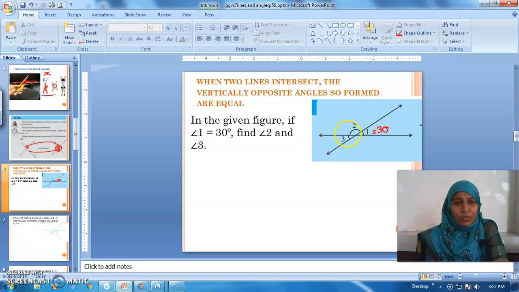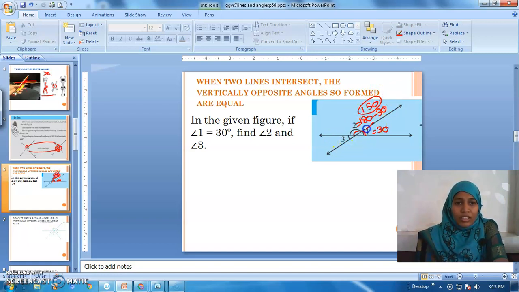Before that, I will explain in the diagram itself. Angle 1 and angle 2 are what angles? Linear pair angles. Fully 180 degrees. So, angle 2 can be got by subtracting 30 from 180. So, what will I get? 150. So, angle 2 is 150 degrees.